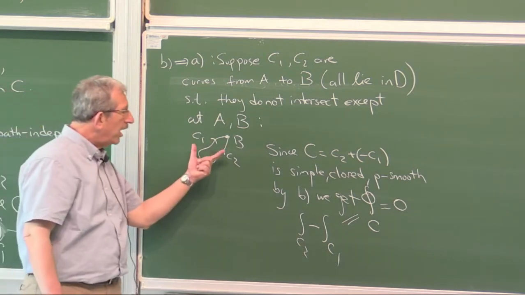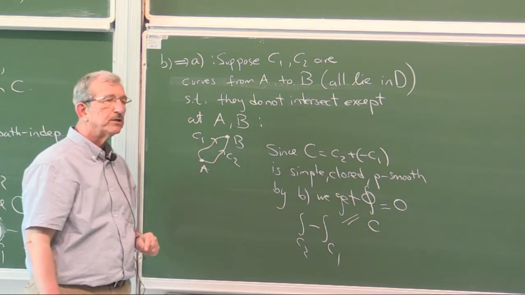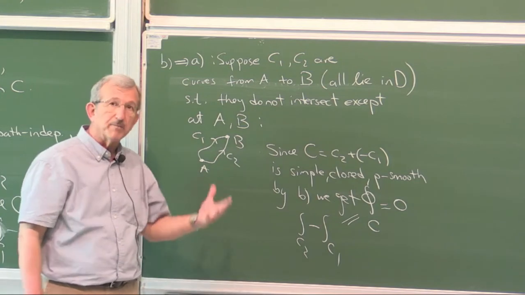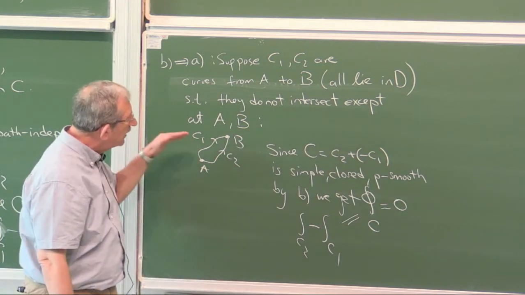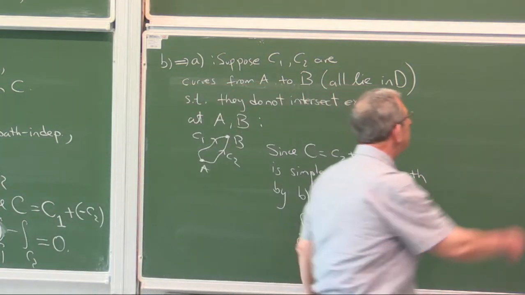Now, if the two curves intersect at a point, or 2 points, or finitely many points, by breaking it into more pieces, we can get the same result.